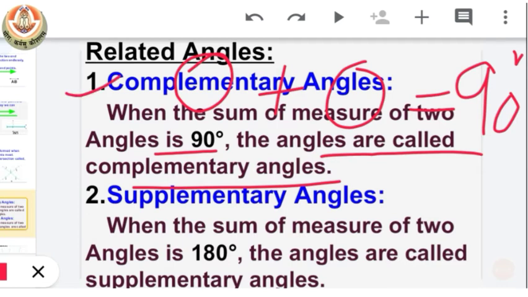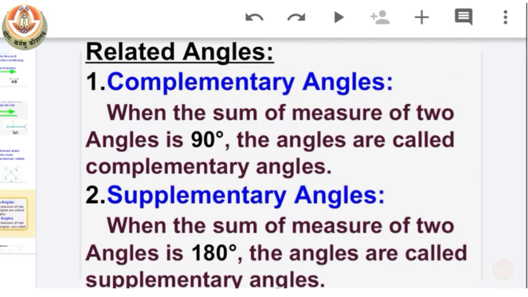Now let's move on to supplementary angles. As in the case of complementary angles we have 90 degrees, in the case of supplementary angles the sum of two angles should be 180 degrees. Then we call these angles supplementary angles.